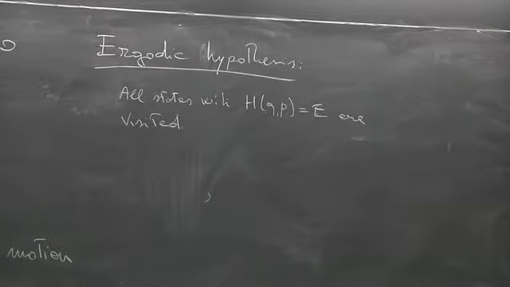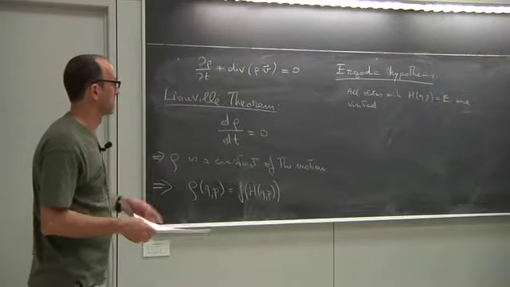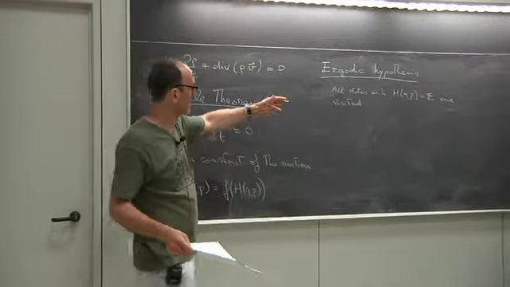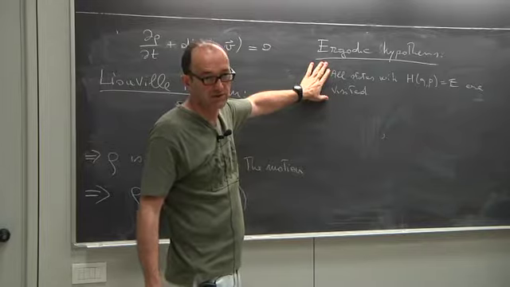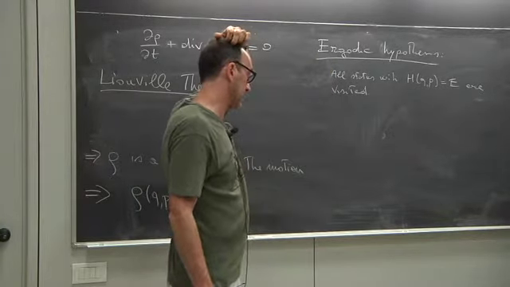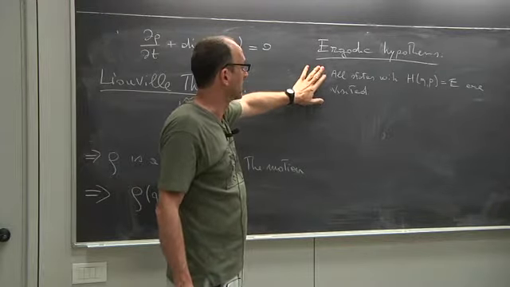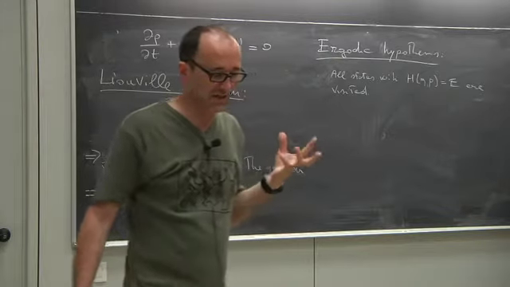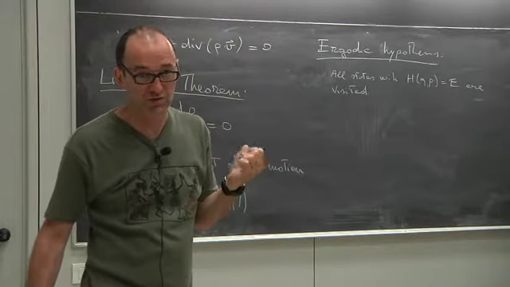There are cases where essentially physics is in very good agreement with this hypothesis. There are cases where instead the fact that this hypothesis does not hold is really physically important, and this is the case of phase transitions.